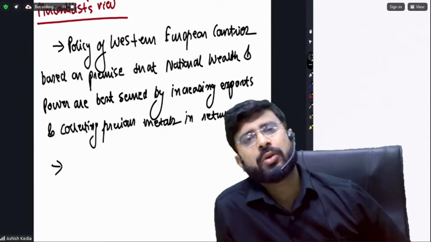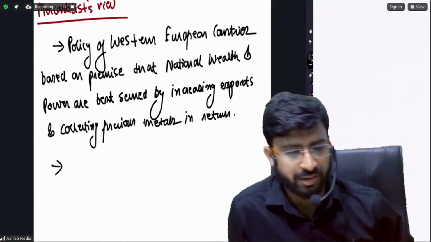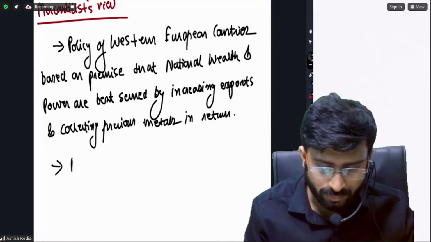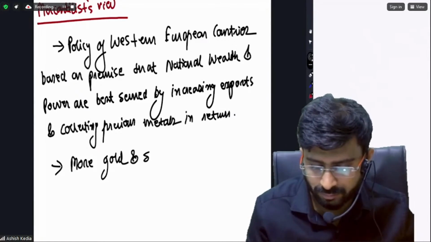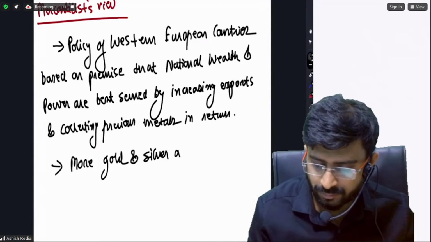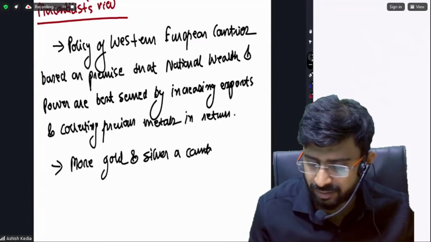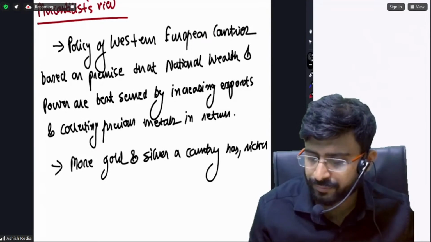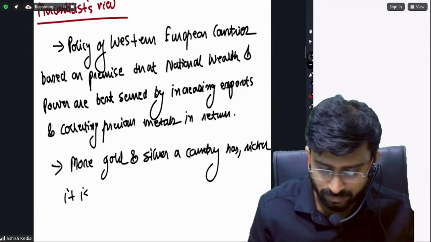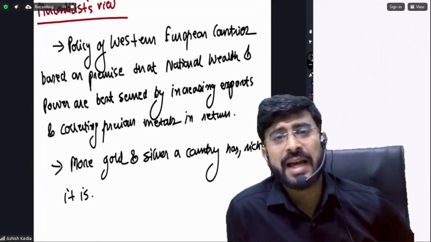It says that the more gold and silver a country has, the richer it is. This is mercantilist view.